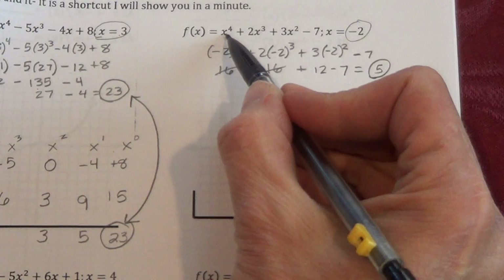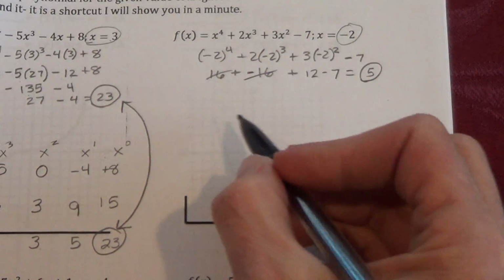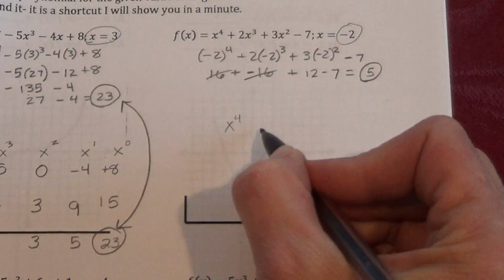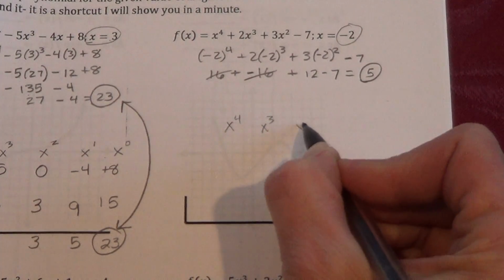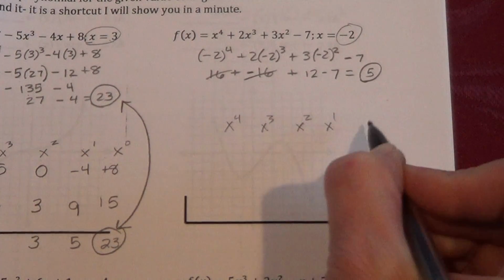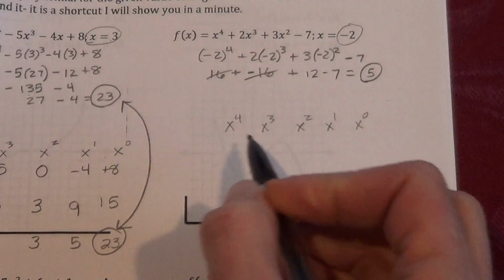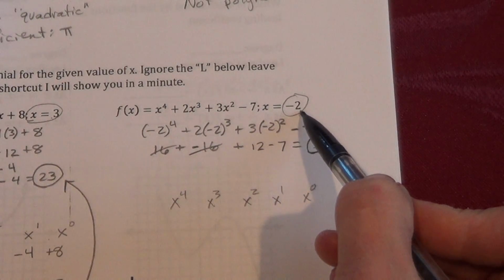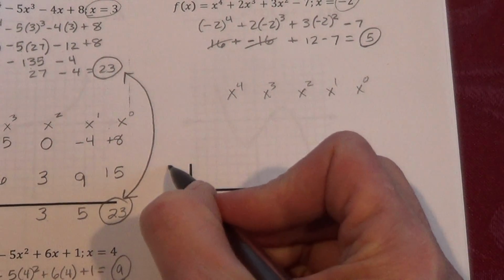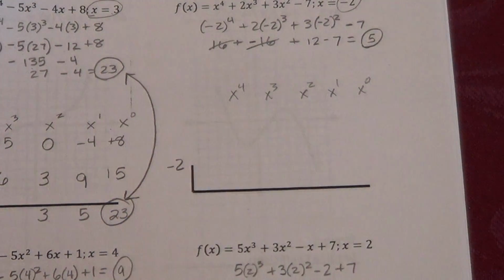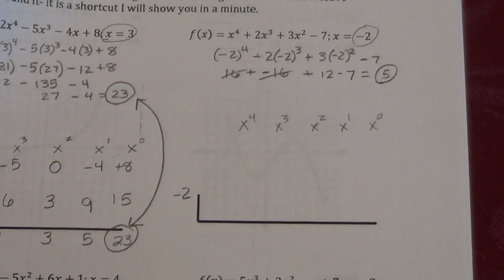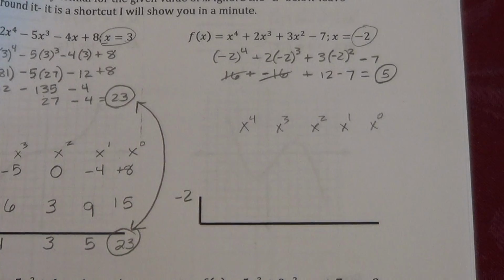First we start with our highest degree, x to the 4th, right? X to the 4th, x to the 3rd, x squared, x to the first, and x to the 0th. Then we take what we're evaluating, that -2, we put it out in front of our synthetic division box.